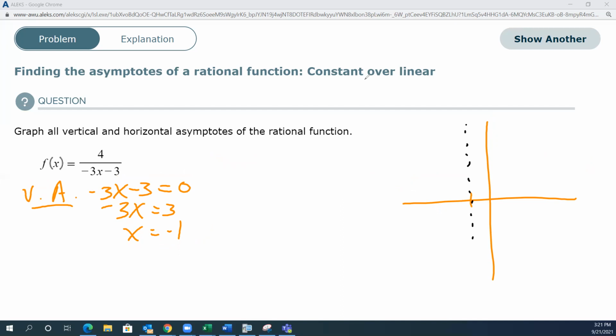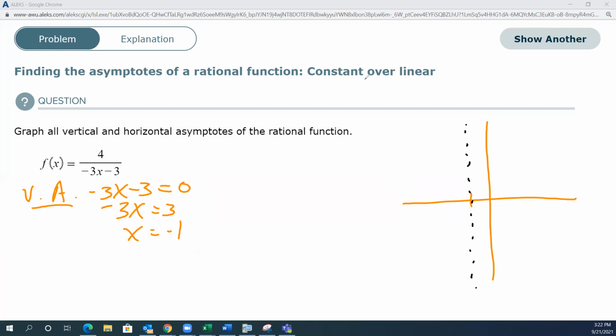Notice the degree of the denominator is 1, because the highest power of the variable is 1. There's a reason I'm talking about this.